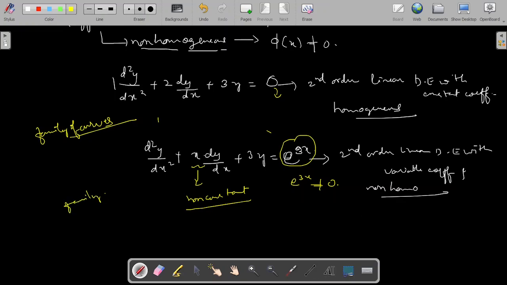These are also representing families of curves, but with forced curvature. This is some normal curvature based on the given differential equation. What differential equation gives the family of curves, based on that you will have curvature accordingly. But here you will have some forced curvature that is due to the existing factor, which is a non-zero factor here. It is a perturbation of the homogeneous solution.